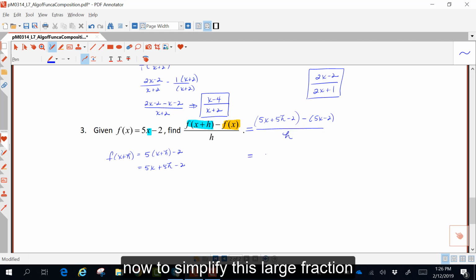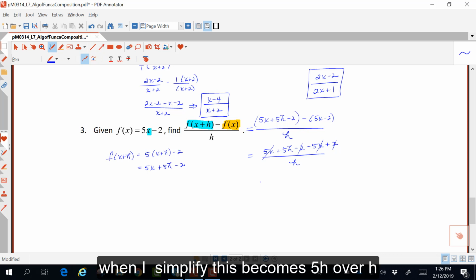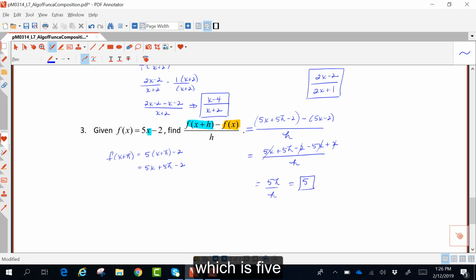Now to simplify this large fraction, I would have 5x plus 5h minus 2 minus 5x plus 2 all over h. When I simplify, this becomes 5h over h, which is 5.